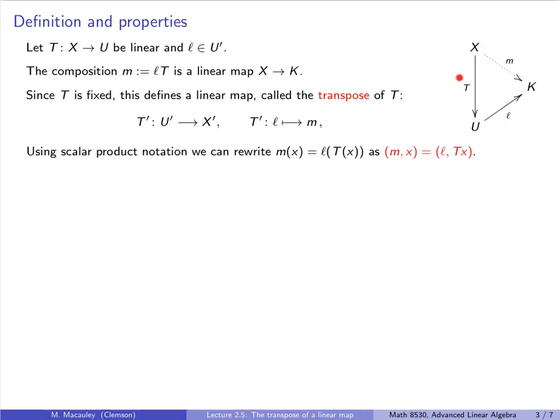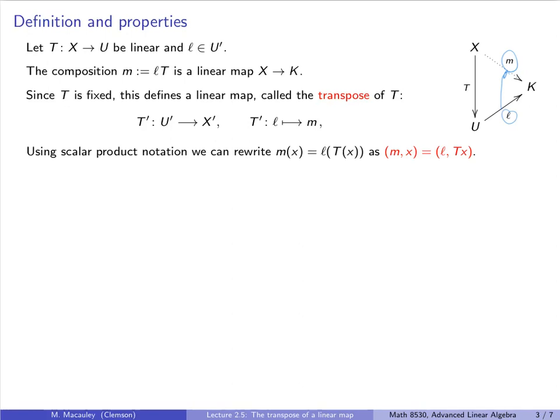Here is a diagram that I think really illustrates the idea of a transpose quite well. So T is a linear map from X to U that is fixed throughout, and then for any L that I put right here, in other words, for any dual vector of U, we canonically get a dual vector of X, a map from X to K, which is just done by precomposing with T. Now, throughout this lecture, I recommend using scalar product notation.